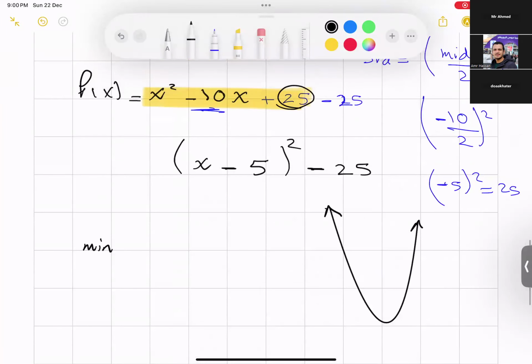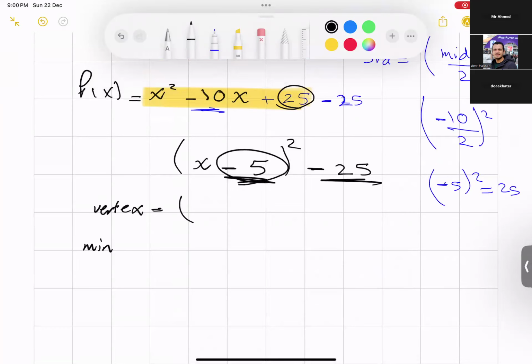So the rule tells us, if you ask me to calculate the vertex, change, keep. So if it was negative 5, I need to change it into positive 5 and keep the outer one. Did you get it?